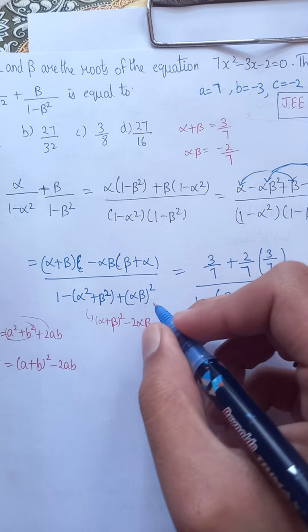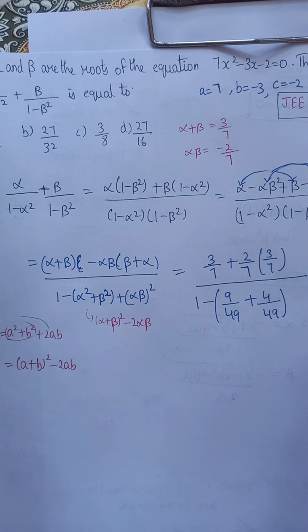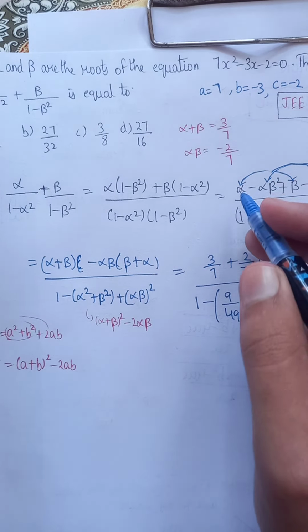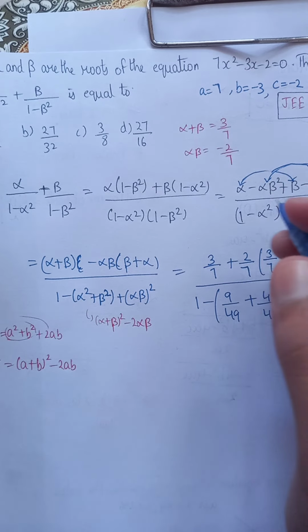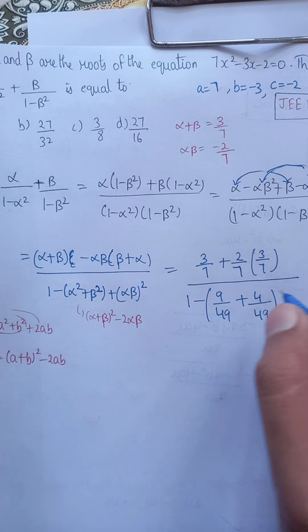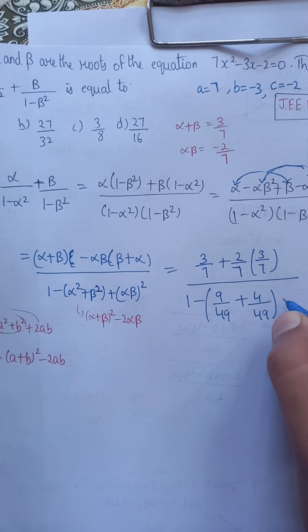Now alpha beta whole square, what is alpha beta whole square? Minus 2 into minus 2 by 7 whole square, which is equal to 4 by 49 plus 4 by 49.